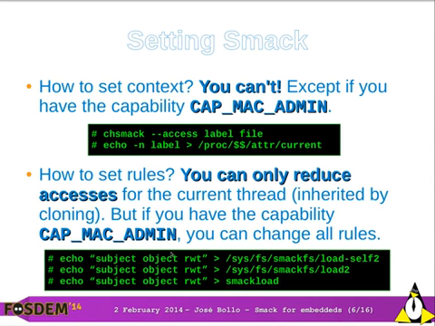Then you echo the rule to the special file that is mounted here by default, in this smackfs file system. Load-self2 is used to restrict accesses for any process. Any process can restrict its accesses.